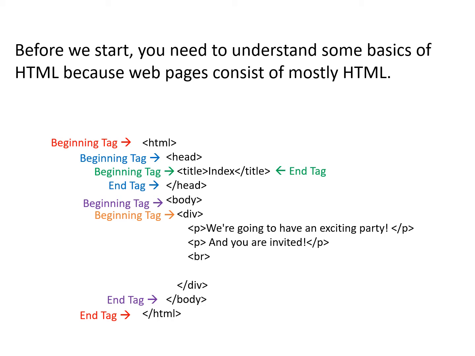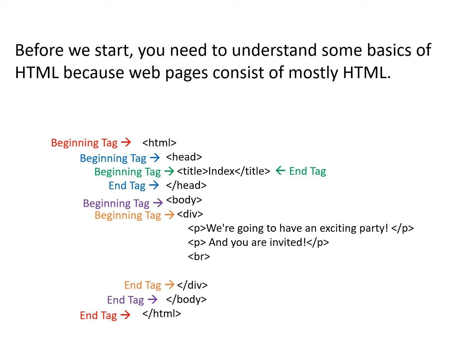It's just saying, hey, here comes this little block of some content. So that's the beginning div, and then here it has an end div. And then inside we have some other text that's basically going to show up on the page.